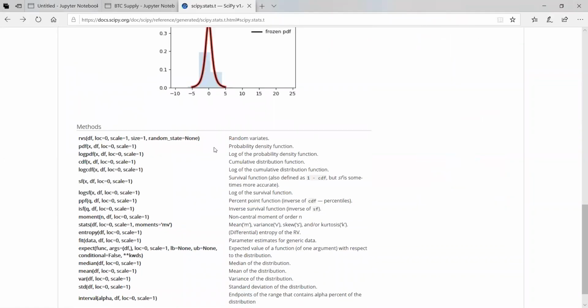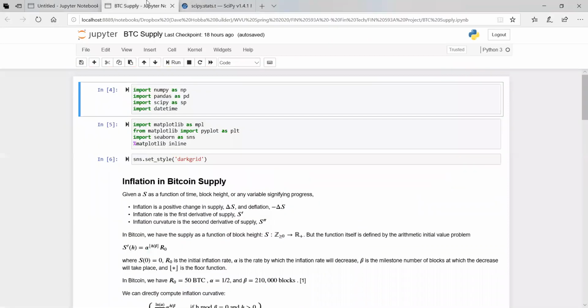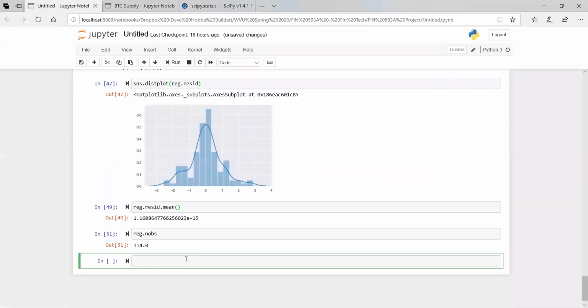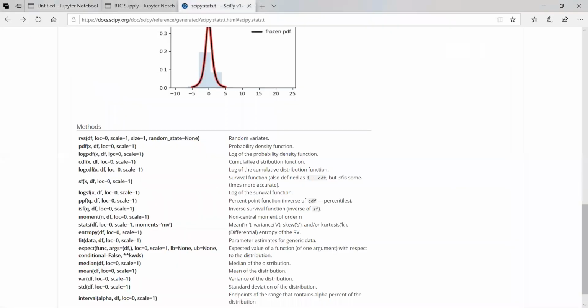So to get the t-stat, we'll do scipy.stats.t.ppf. This is the percent point function. For the percent point function, you give it q, or the percentile. It's the inverse of the CDF.